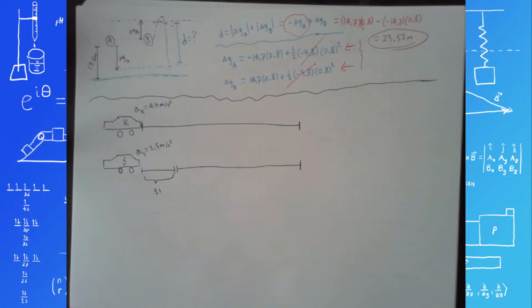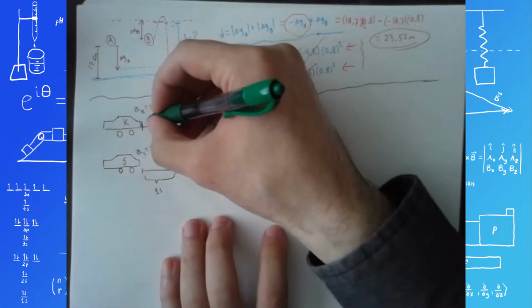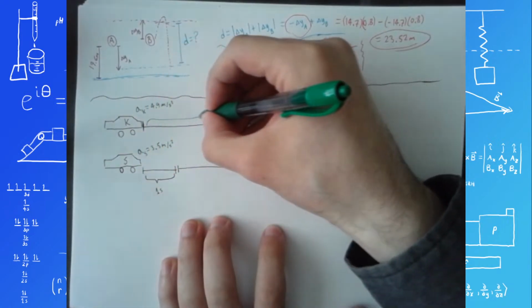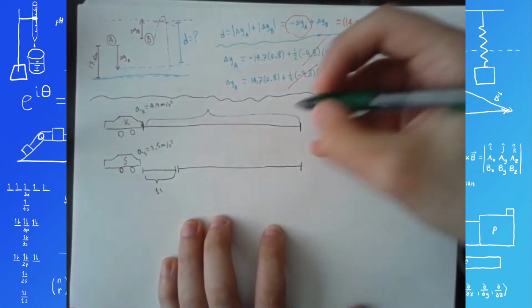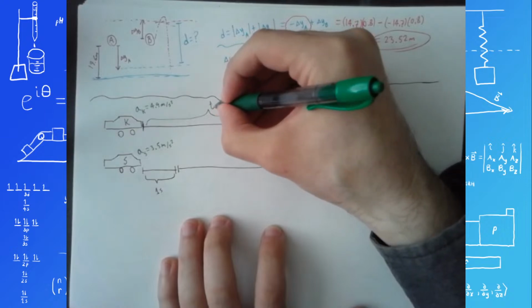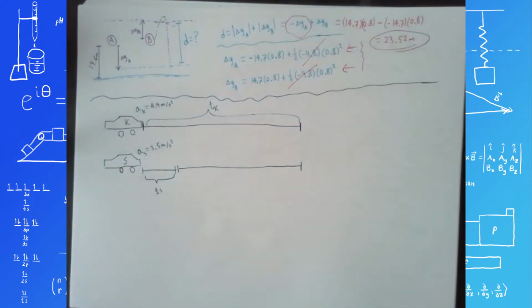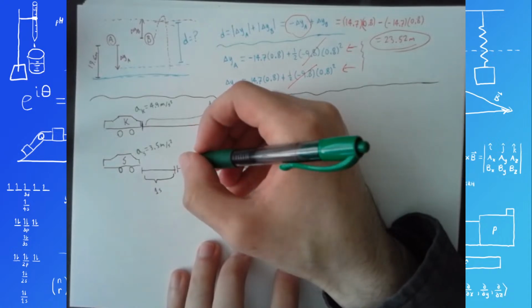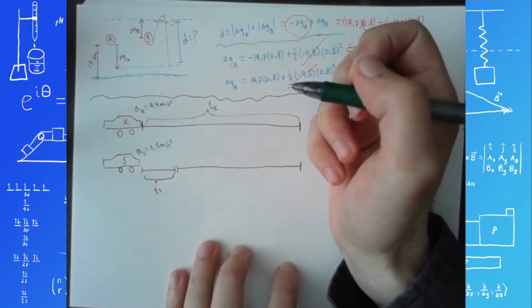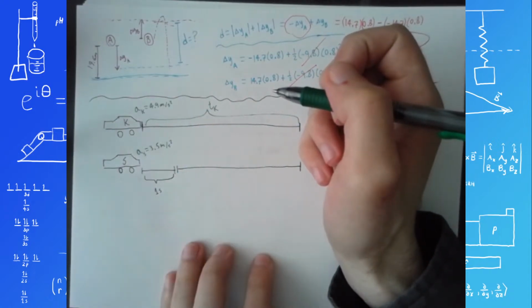So find the time it takes Kathy to overtake Stan. I'm going to call that time Kathy's time. Stan's time is going to include this extra 1 second.